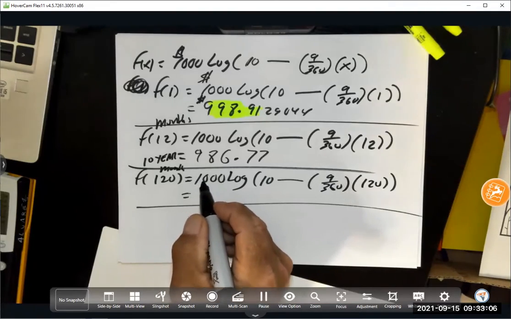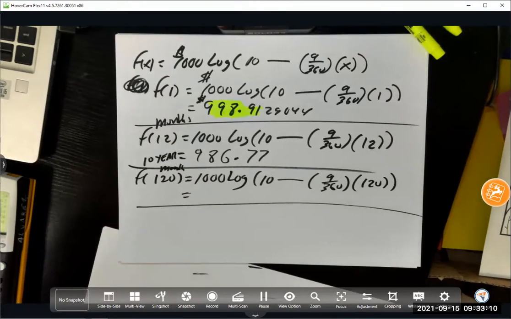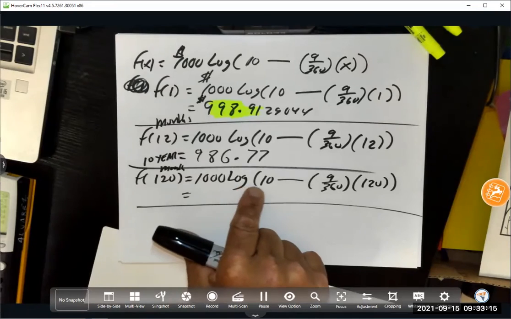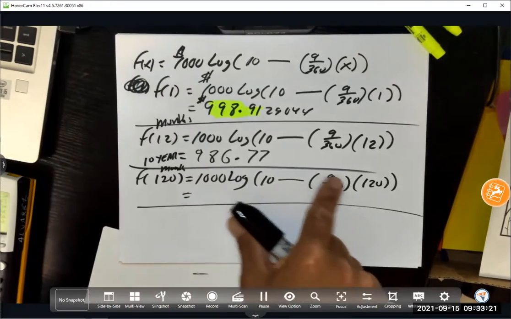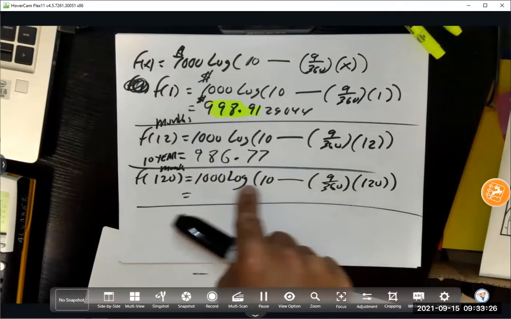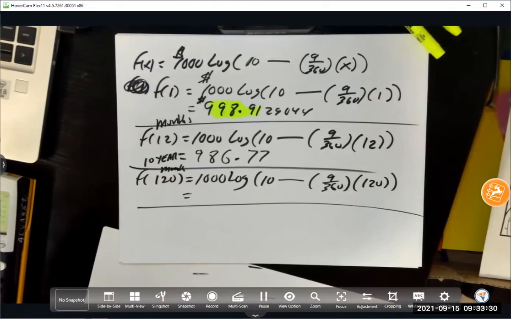1,477. No way, no way, no way. Do it again. Did you put 1,000? 1,000. LOG? Yes. Parentheses 10, minus sign, parentheses 9 divided by 360, close the parentheses. And then 120 goes right here. Make sure you do all these numbers right here. All of them. Here we go.